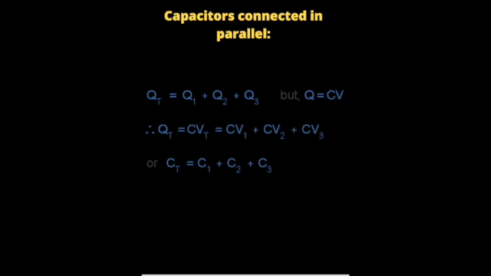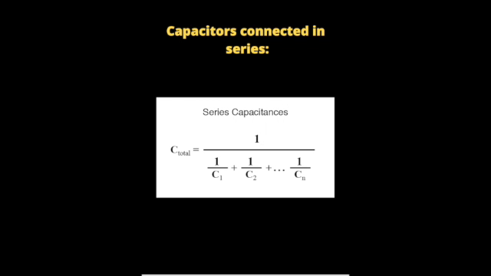And then we can write them again differently, which is Q equals C1 plus C2 plus C3, and all these terms multiplied by V. And if we want the equivalent capacitance, we only have to use the formula C equivalent is equal to C1 plus C2 plus C3 plus the Cns we want.